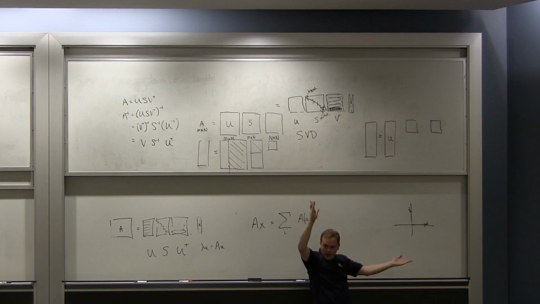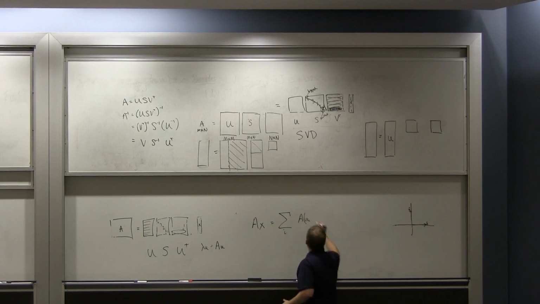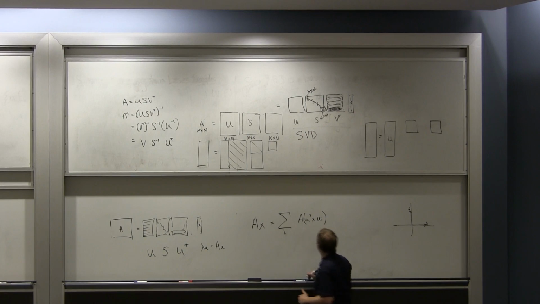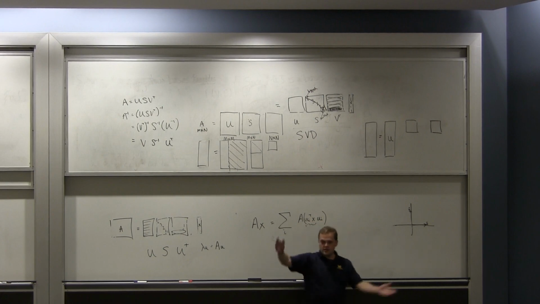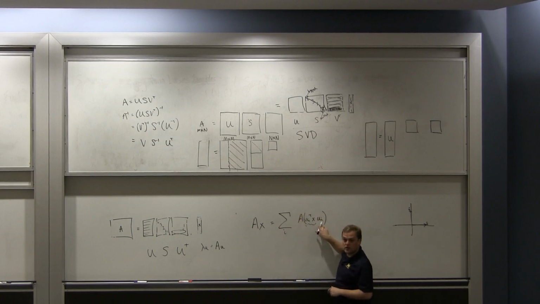So it's going to be the dot product of x with u sub i. Everybody see that? Here's my dot product. How much does the x point in the same direction as this eigenvector? And then this is going to construct the corresponding vector again.